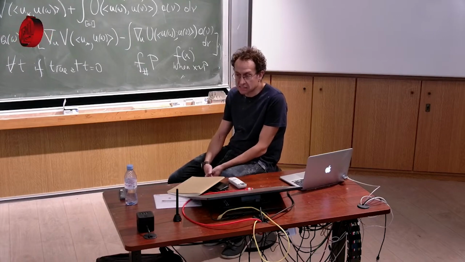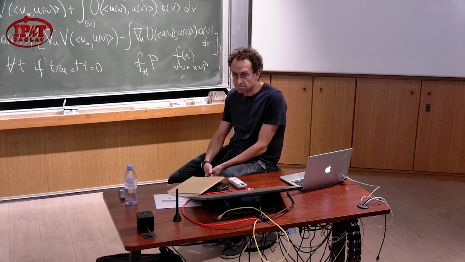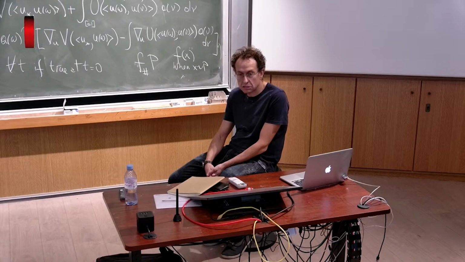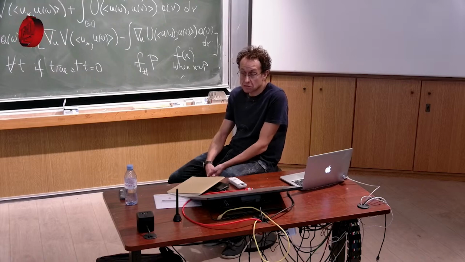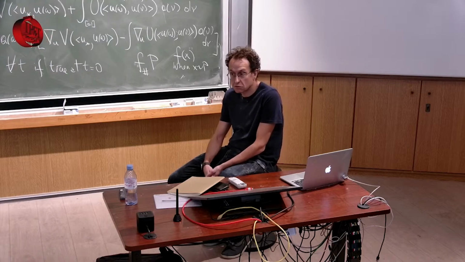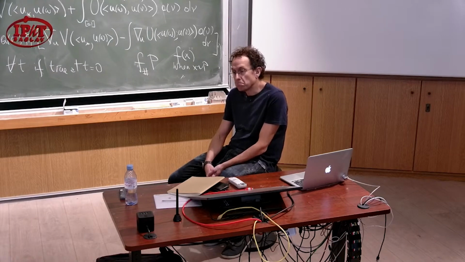Now, what is the something that you are marginalizing over here? Another one is the initial distribution of the neurons.